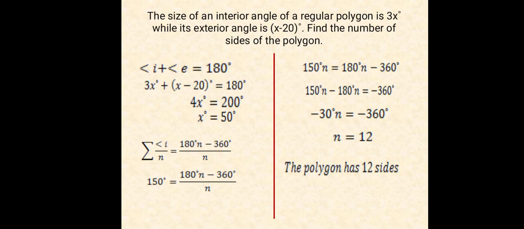Now we know if you add one interior angle plus its exterior angle, the total should always be 180. Now we have been given the interior as 3x and the exterior as x minus 20. Add the two, you should get 180. So solve for x, you get that x is 50.